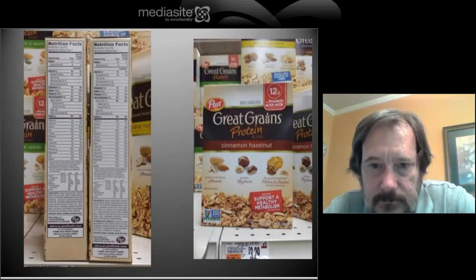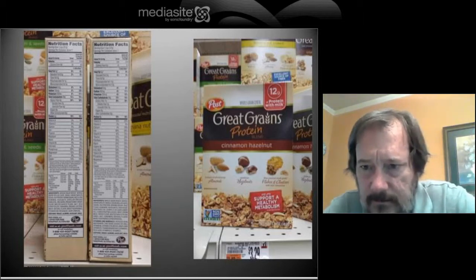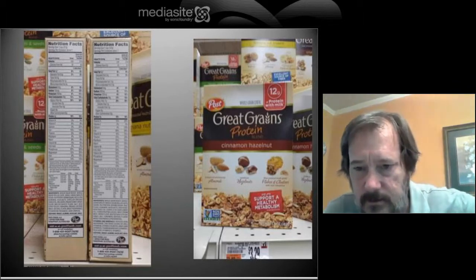And if you look at the picture on the right, you see on the bottom left of that Great Plains protein cinnamon and hazelnut cereal a non-GMO certified sticker. So that's been certified not to have any GMO components.